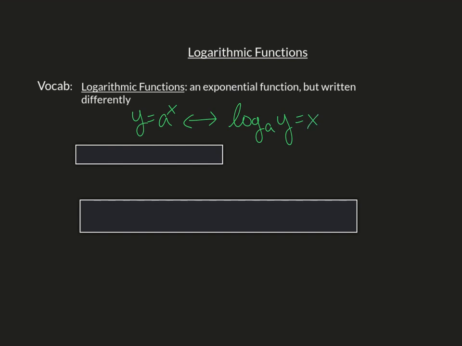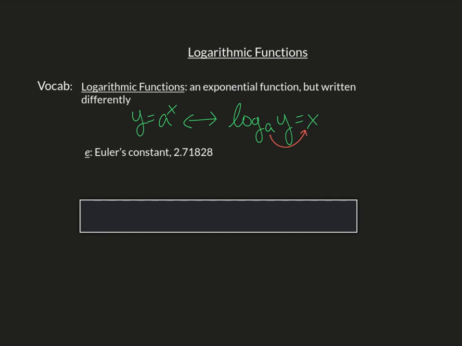In a way, this a moves over to the other side and pushes up that x to be its exponent, and then the log part kind of just disappears.